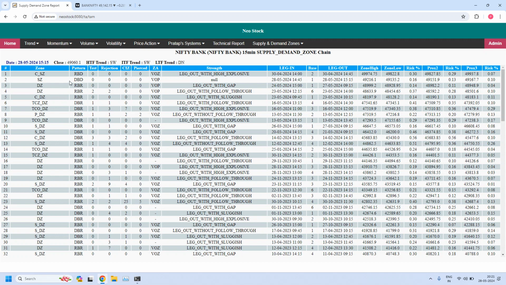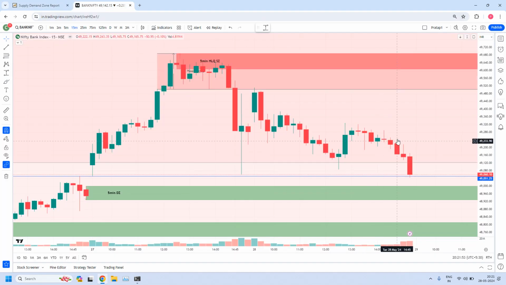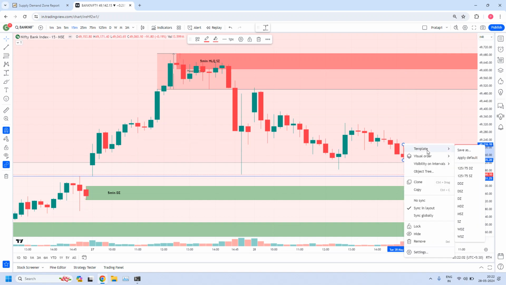And we have one zone created during the last hour of the trading session, a new supply zone. This is the one, drop base drop. So let us draw this zone. This is a normal supply zone only. But why are we drawing? Because the current market is in the downtrend.